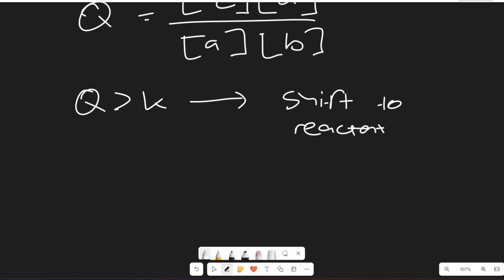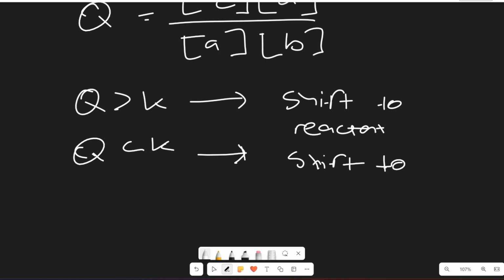We're going to use some of our products to create more reactants so that we can reestablish that equilibrium. Similarly, if we say Q is less than K, well, now we have more reactants than we do at equilibrium. So to reestablish equilibrium, we're going to compensate for that, and we're going to shift to products. So that's essentially how Q works and how we compare Q to K.